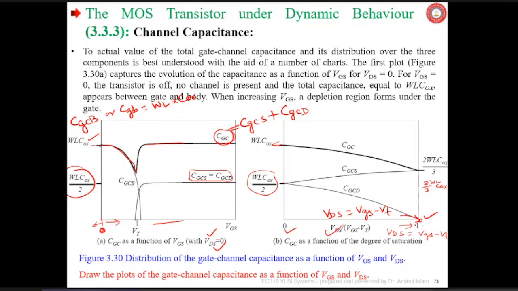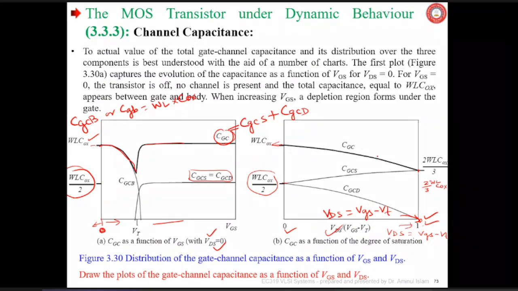Once it is saturated, you see the capacitance CGS or CGCS is going to be 2/3 of Cox into WL, and CGCD or CGD is going to be 0.